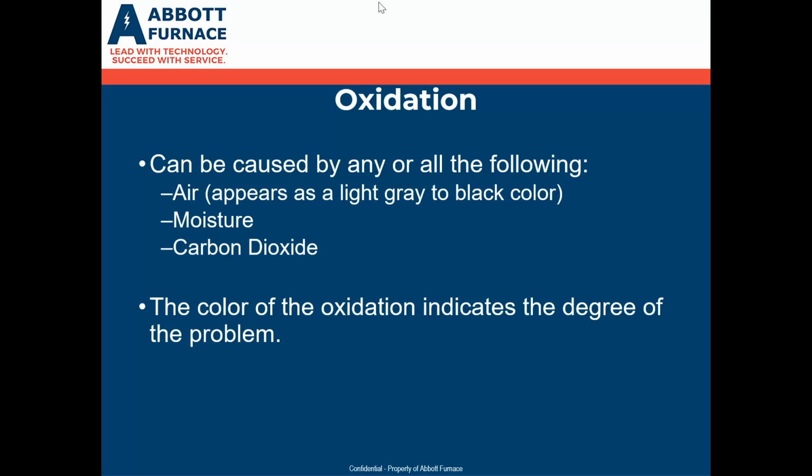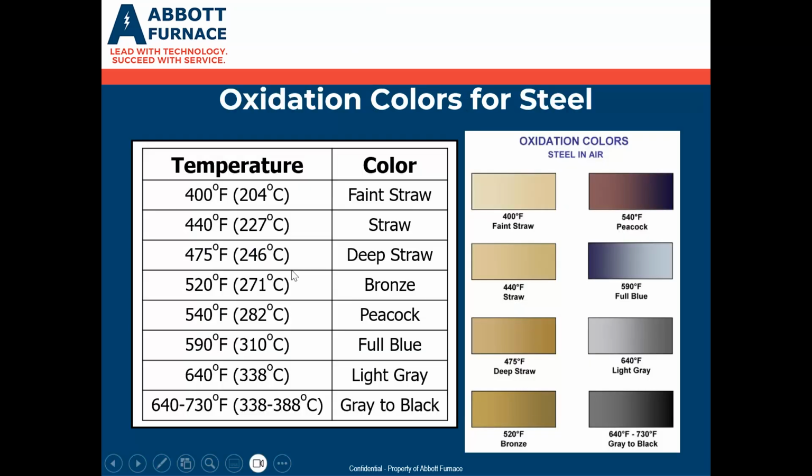So we'll show you a chart here where if we see the grays and blacks, this is happening at higher temperatures, toward the end of the high heat. And then the lighter golds would be back toward the exit door of the furnace, more likely a worn curtain, or the belt running so fast that the parts are coming out a little too hot and they're oxidizing.